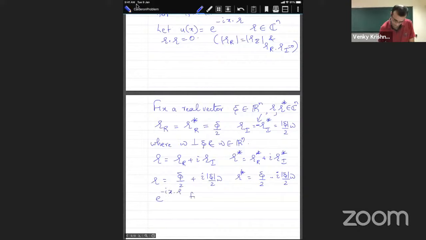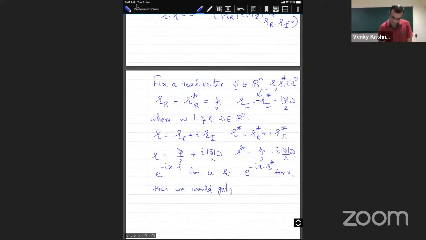Okay, so now suppose you substitute e to the minus i x dot zeta for u, and e to the minus i x dot zeta star for v. Then we would get exactly this.